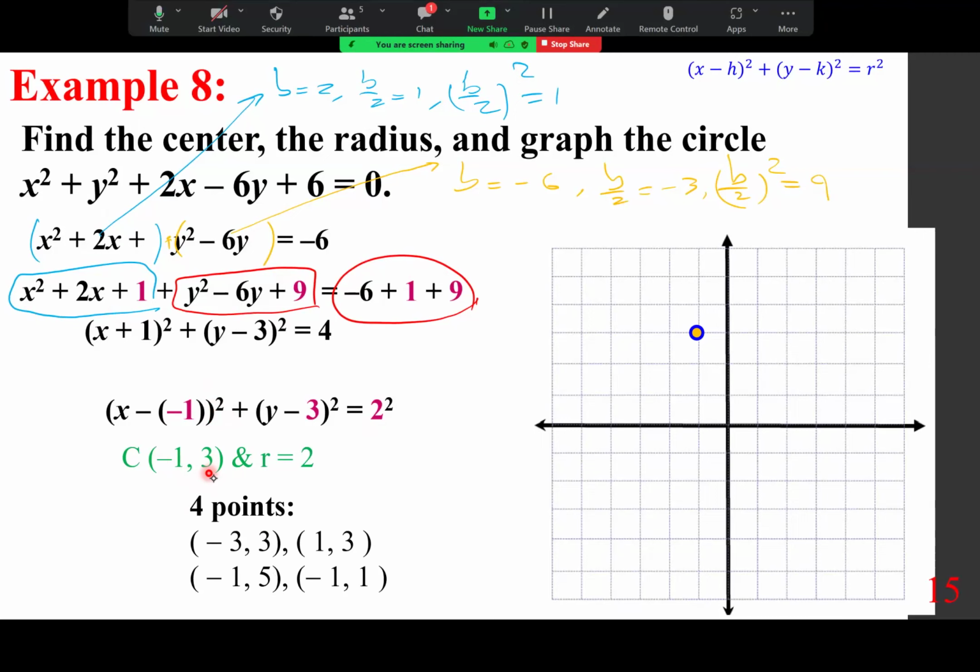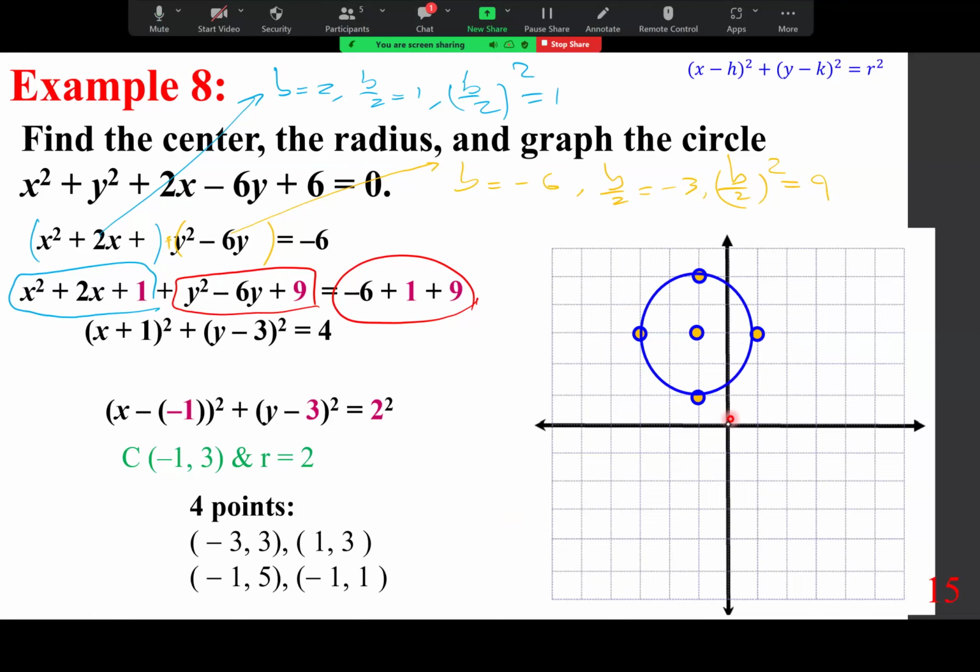And now this is the center. Negative 3, 3, 1, 3. These are the 2 points. Negative 1, 5. Negative 1, 1. Put them all together, and you're done.